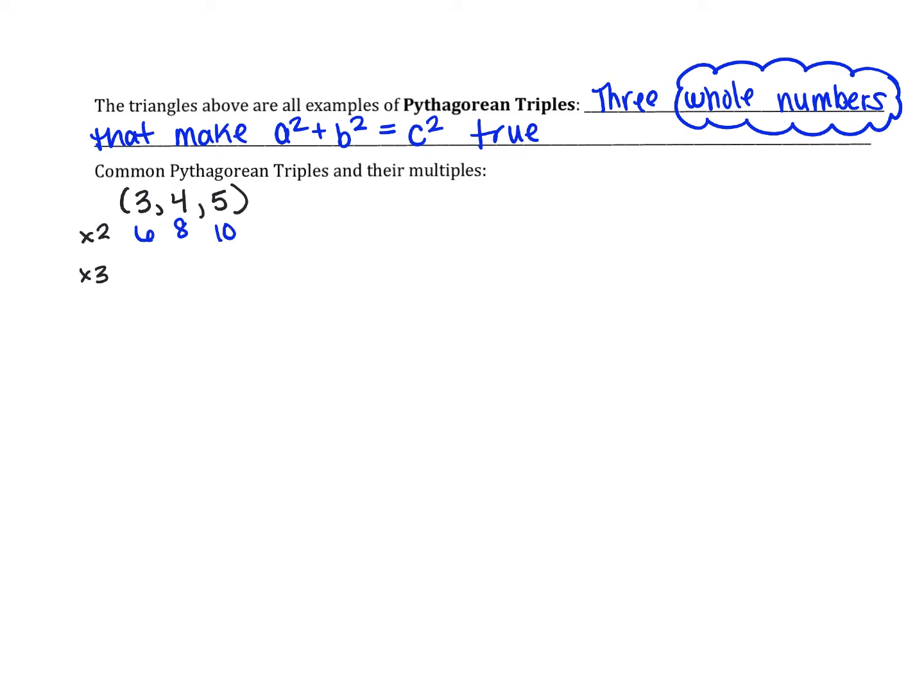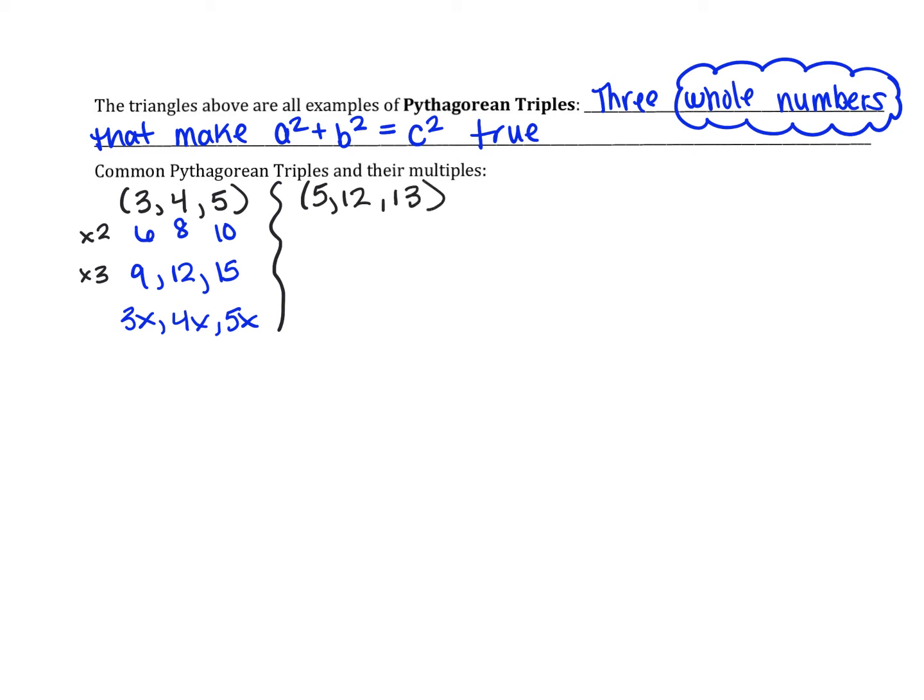Another one, if I take 3, 4, 5 and multiply them by 3, we would get 9, 12, and 15. In your book, they have an example where they each have a variable, so you can also have 3x, 4x, and 5x. The next triple is 5, 12, 13.